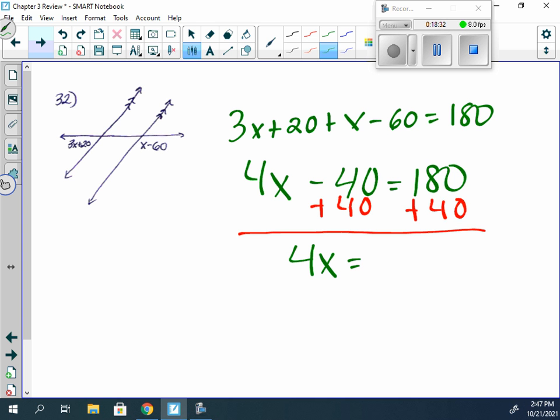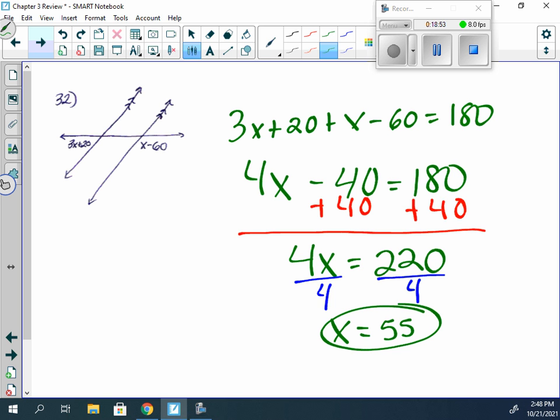On the left-hand side, we would have 4x. And 180 plus 40 would be 220. So the value of x would be 55.